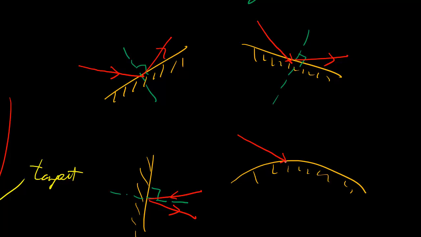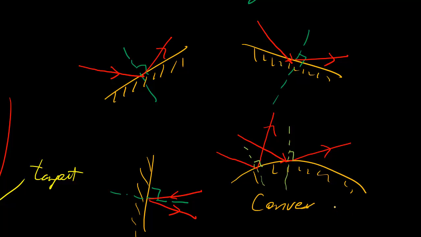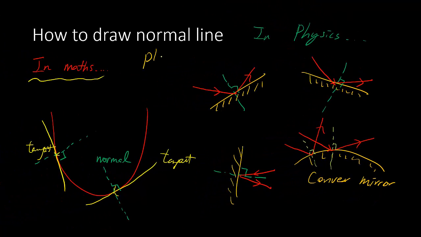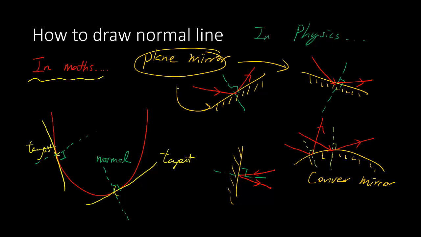In other cases, there is something called the convex mirror, and if the light is shot to this point, the normal line will look like that, and same at other points, but this time the normal line will be a bit different. That is called the convex mirror here. But don't worry, you won't be asked about convex mirrors in IGCSE, just the plane mirror like these three cases.